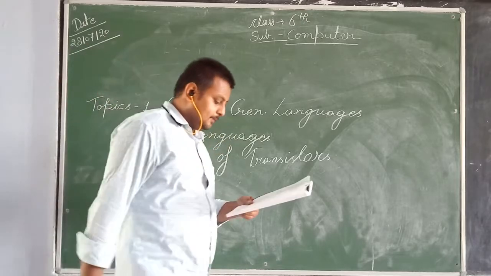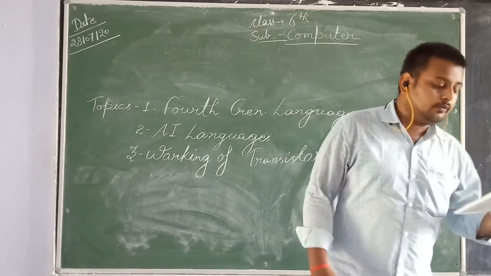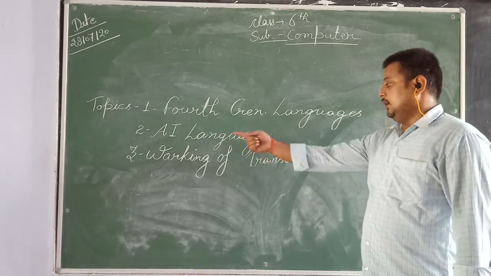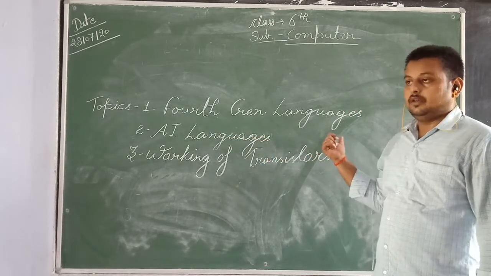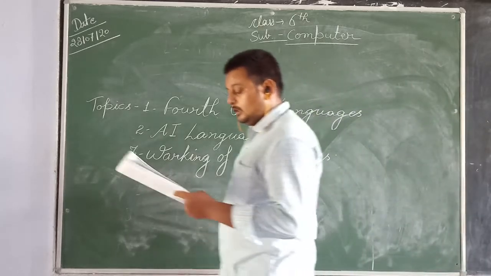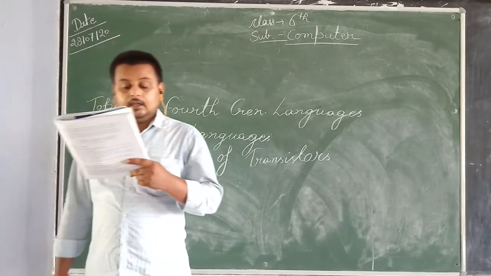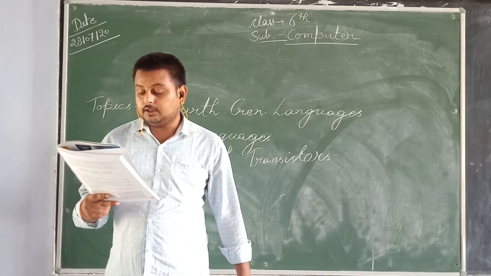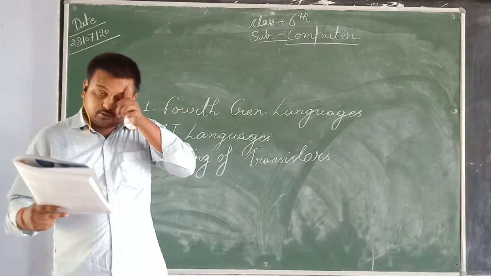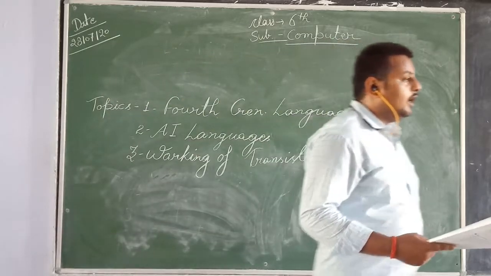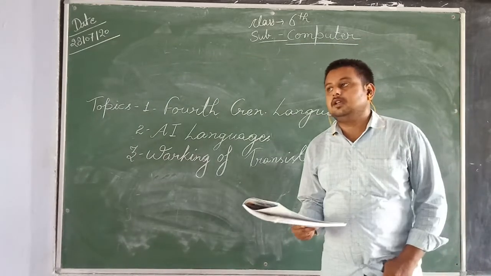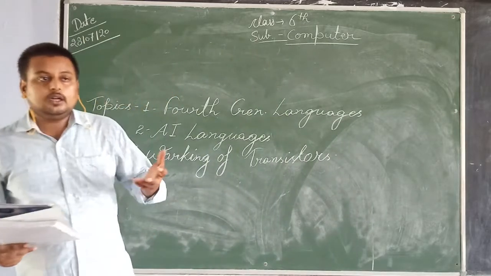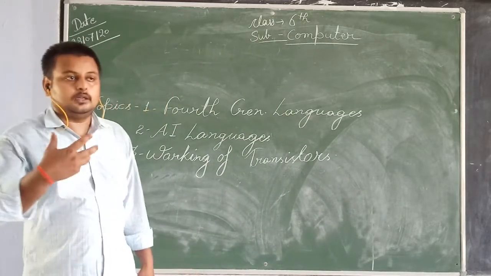Now, artificial intelligence language, or AI language, is also known as the fifth generation of language. Artificial intelligence is a technique with which a machine is made to think and take decisions like human beings. Likewise, the machine is capable of thinking and giving a reply to a particular program.